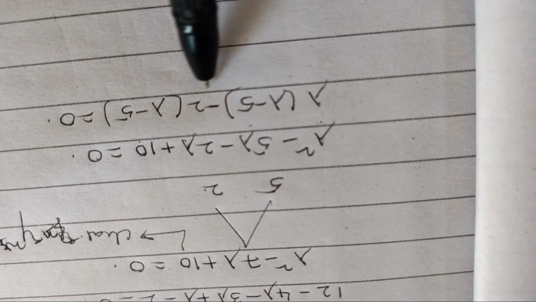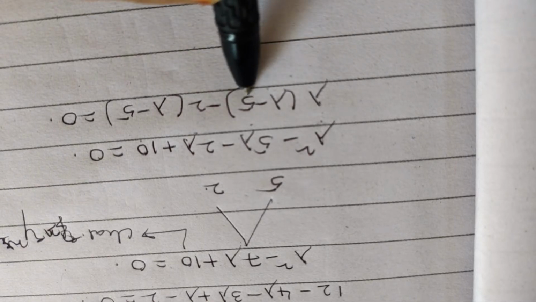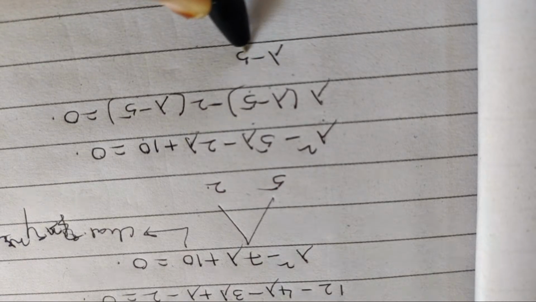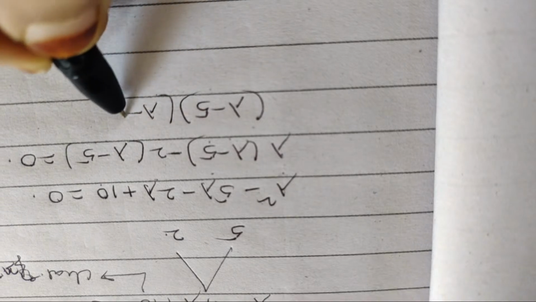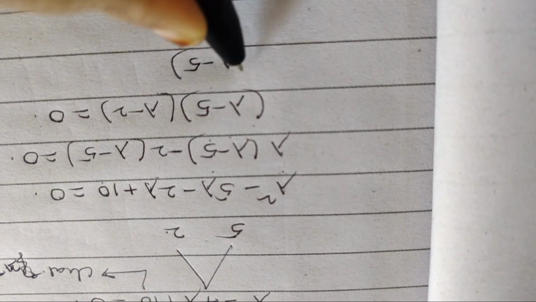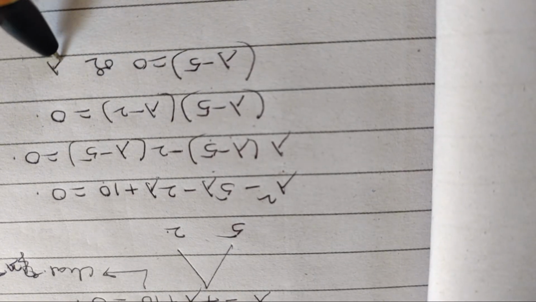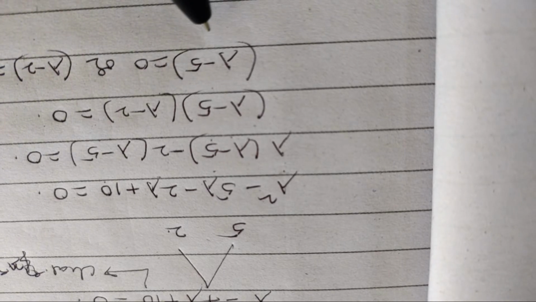From this completely, I can take which term as common? Lambda minus 5 as common. This method is known as common factors. Lambda minus 5 into lambda minus 2 is equal to 0. Lambda minus 5 equals 0, or lambda minus 2 equals 0.